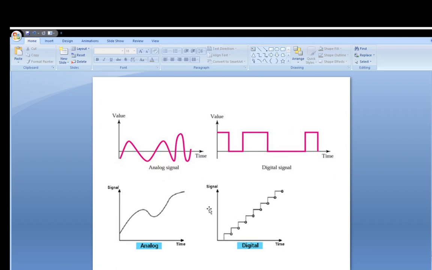So these two are digital signals, these two are analog signals, and all these signals are defined for every moment of time. That's why it is called continuous signal.